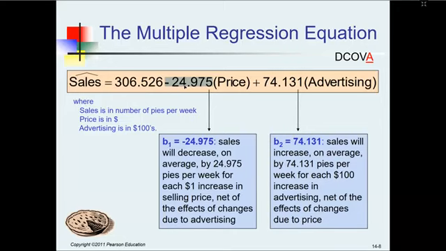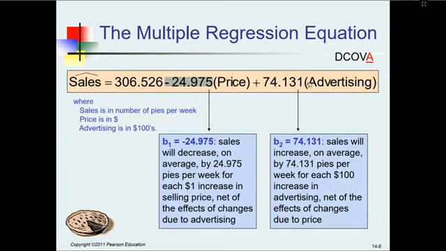So the interpretation of this 24.975 is that when price is increased by 1 unit, the corresponding decrease in sales is 24.975, or when price is decreased by 1 unit, the corresponding increase in sales will be 24.975. All things being equal, so we assume that advertising is fixed. When this one is varied by 1 unit, this one will also vary by 24.975.